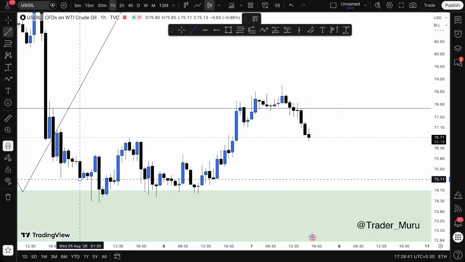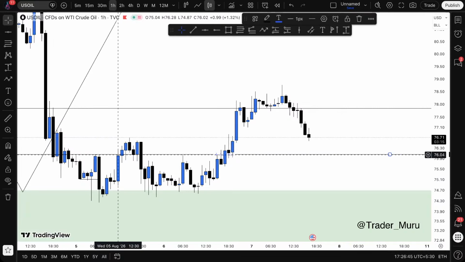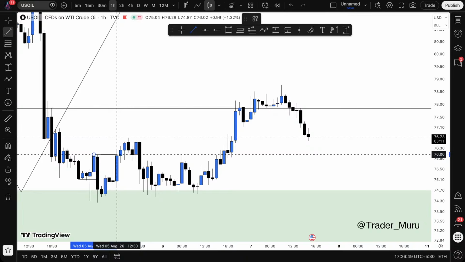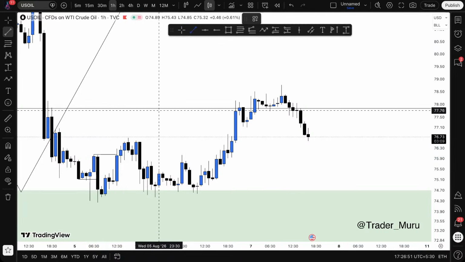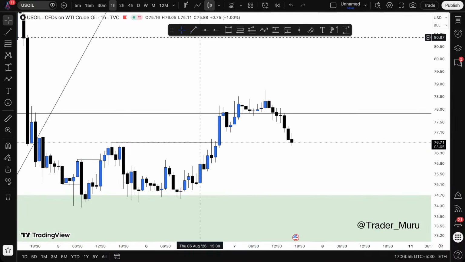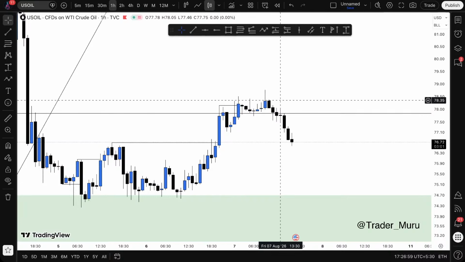This was the last breakout structure. Then we have a change of character, a new breakout structure, and this is our last breakout structure in 1 hour time frame.